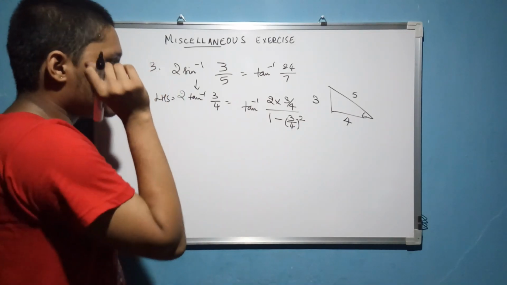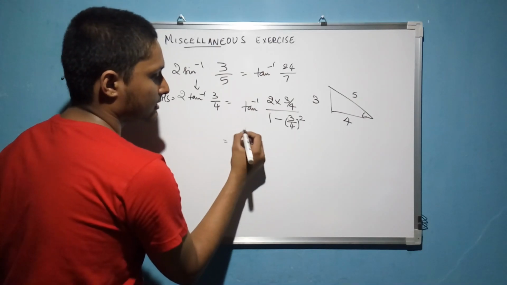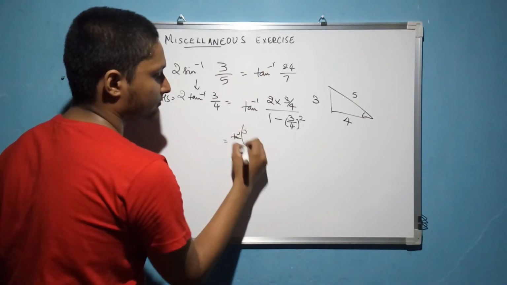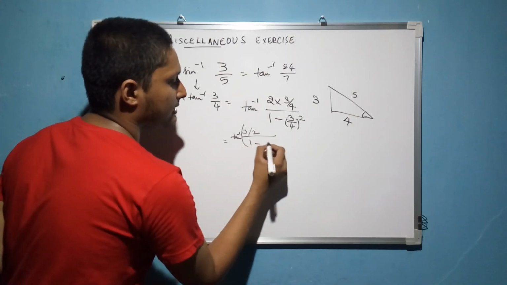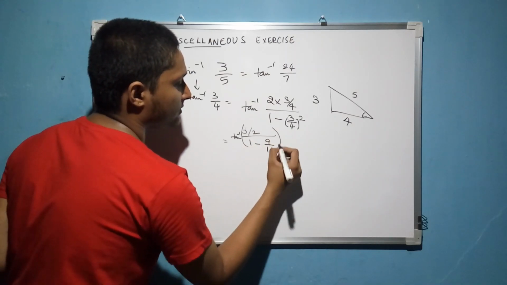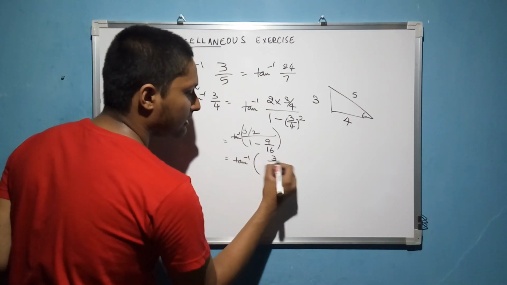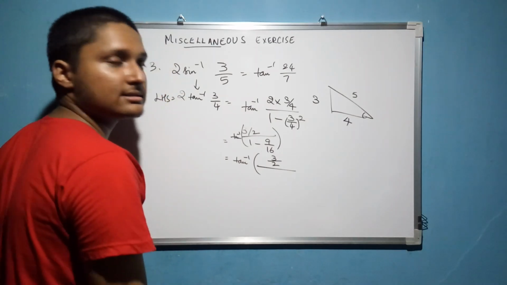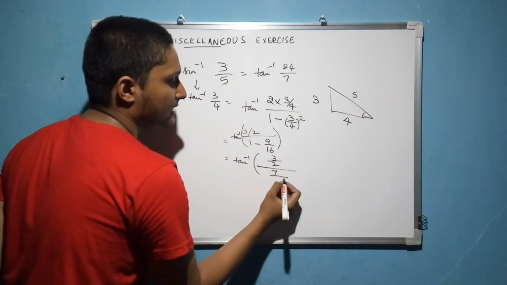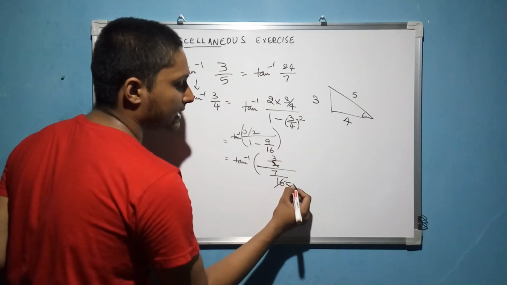What is this 3 by 4 whole square? And so many things you are going to get. This is tan inverse 3 by 2 divided by 1 minus 9 by 16. Now you have tan inverse of 3 divided by 2 divided by 16 minus 9. 16 minus 9 comes to be 7. 7 divided by 16. 2 and 8 are going to get cancelled.